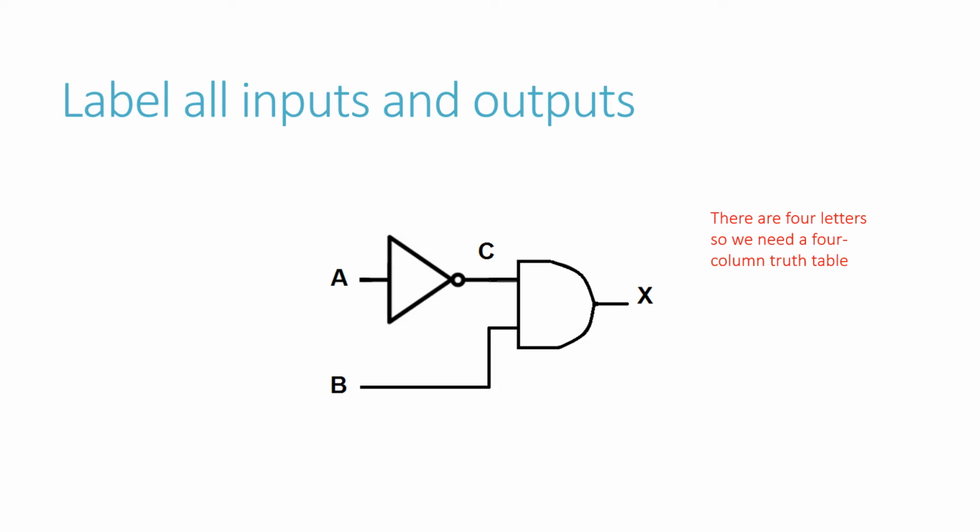Now we're going to make a truth table based on this circuit. We look at the circuit, we label all the inputs and outputs of all the gates, and then we count how many letters we've got, and we make a truth table with a column for each letter. Let's look at what that would look like.